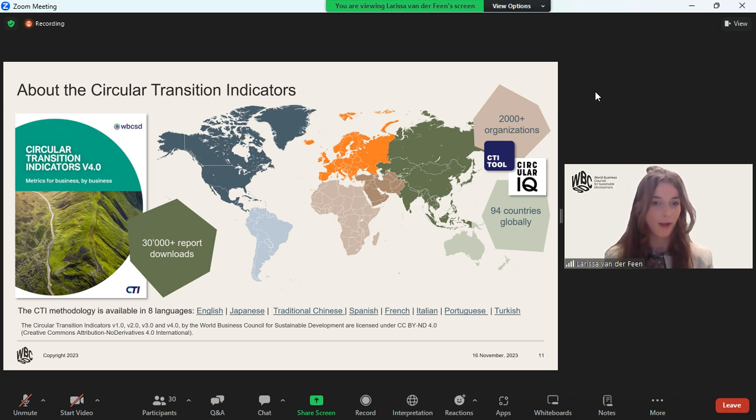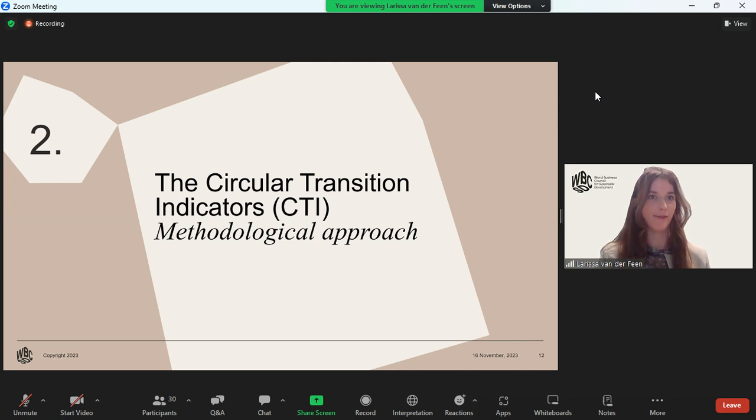And we also have a lot of different companies all over the world that use these indicators. But without further ado, I would like to introduce what these indicators are about and leave you with some of the basics of this framework. So let's go into the methodology of this framework.